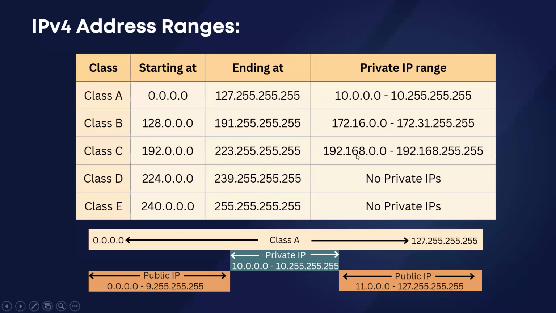Anything starting with 192.168.0.0 and ending with 192.168.255.255 would always be a private IP from class C. Something with 172.16 to 172.31 is a private IP in class B. And any 10 dot address is a private IP in class A. Excluding these IP addresses, any other IP is a public IP by default. Is that clear, Sesh? Yeah, clear. Perfect.